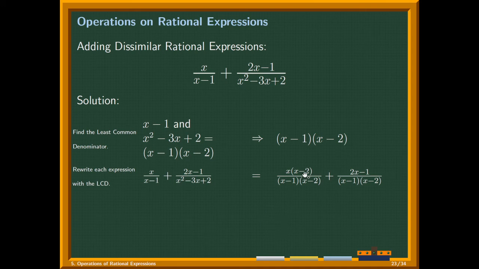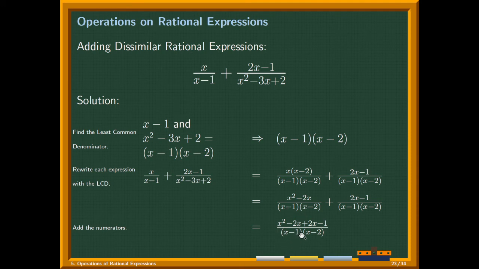When we simplify further, we apply the distributive property: x times x is x squared, minus 2x. And then we add the numerators. Since they are now similar fractions, when we add the fractions, we just copy the denominator and add the numerators.